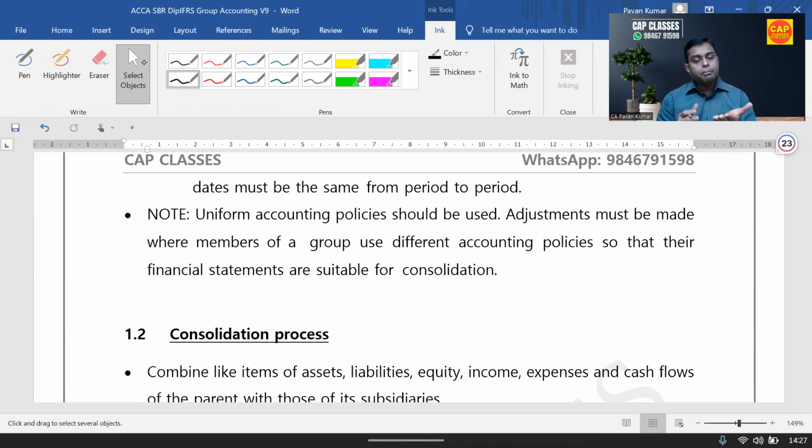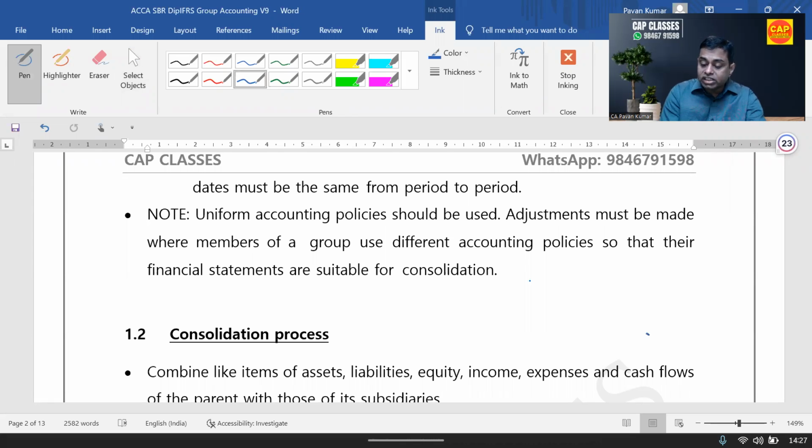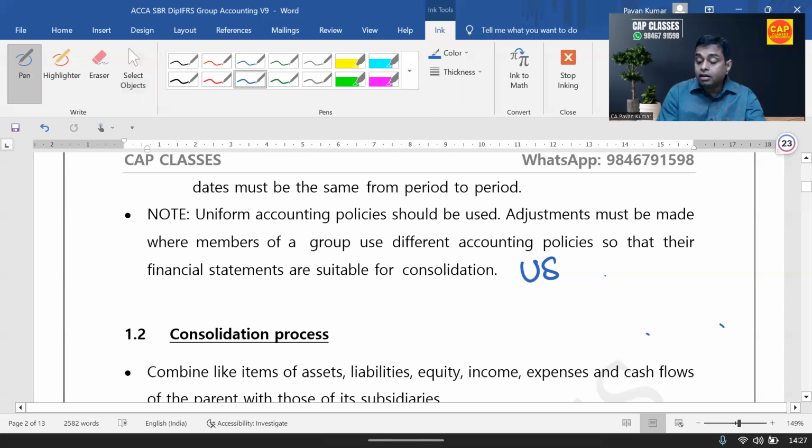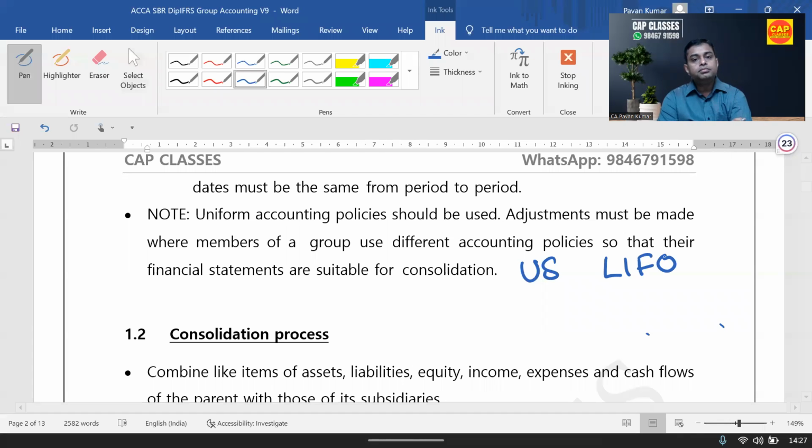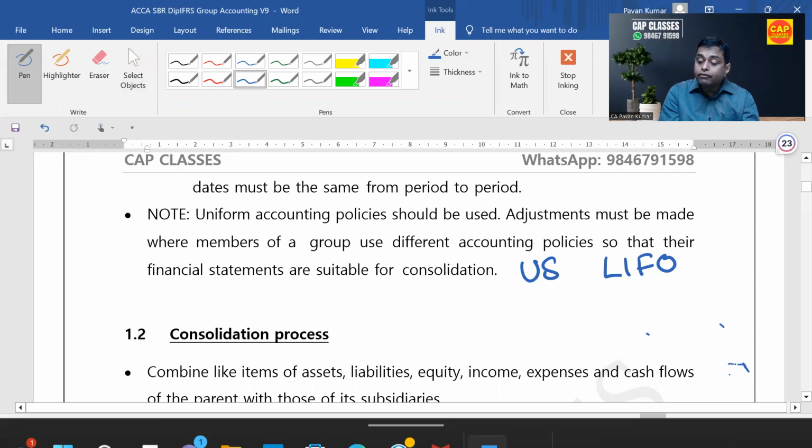Now, holding company and subsidiary company, there is a possibility that both of them have different accounting policies. For example, if your subsidiary company is in the US, then for inventory valuation, you can follow LIFO. But in India or in UK, in many countries in Europe, LIFO is not allowed. So those students who are doing the CMA US course or CPA course will have problems based on LIFO.